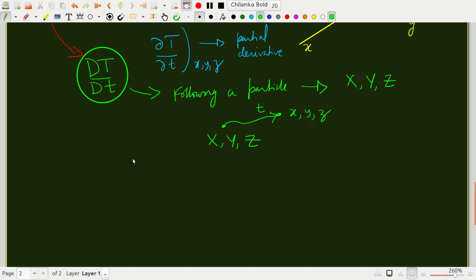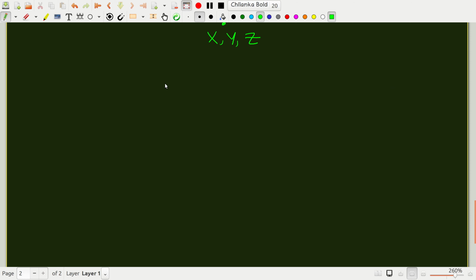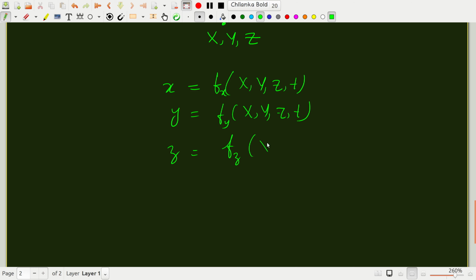So the current location of the particle is a function of the initial location and time. Let's call them fx, fy, and fz, functions of X, Y, Z and time.